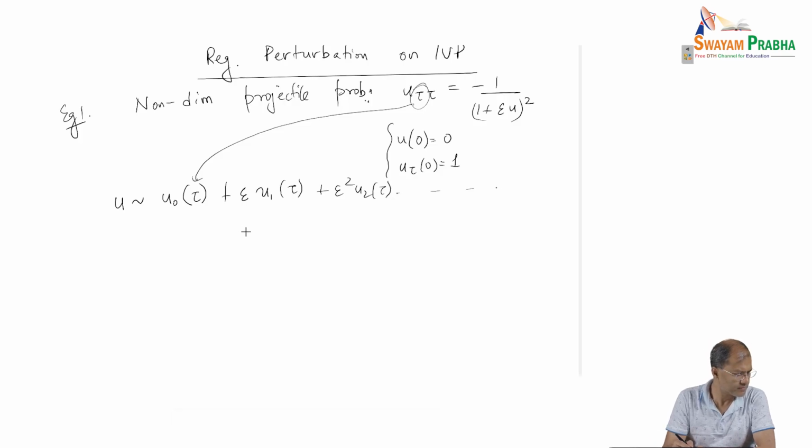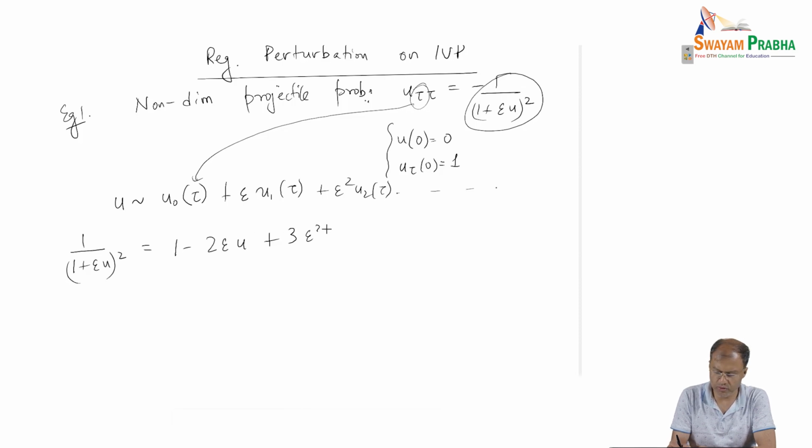Now notice that we could expand the right hand side of this problem using binomial expansion. So 1 by 1 plus epsilon u whole square is 1 minus 2 epsilon u plus 3 epsilon square u square minus and so on and so forth, right?